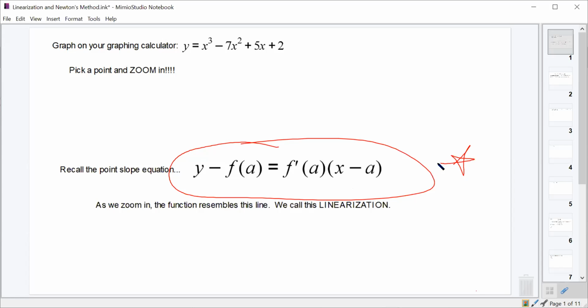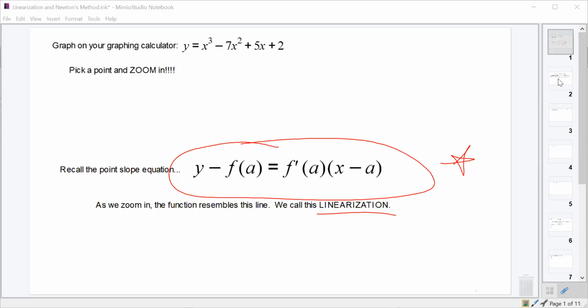And so that line, on a very small scale for very small changes in x, is a good enough representation of the function that we can use this linearization to approximate the function on that interval. And that's what we're going to do today. We're going to use linearization and the idea of the tangent line approximation to approximate values of functions.